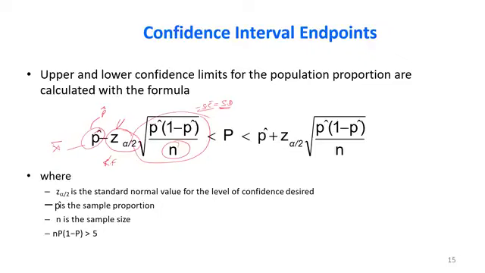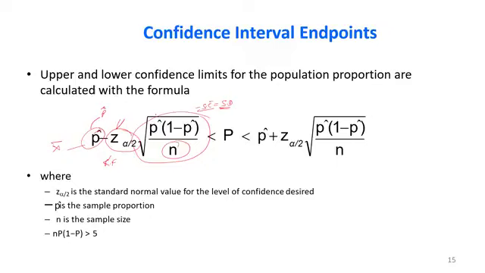And this P hat, generally we calculate from the sample. Let's suppose I want to find out how many people can speak English, then I will take the sample randomly from that particular community or region. Let's suppose I've taken 100 people as a sample. In those 100 people, I will check how many people can speak English, and that would be my P hat.